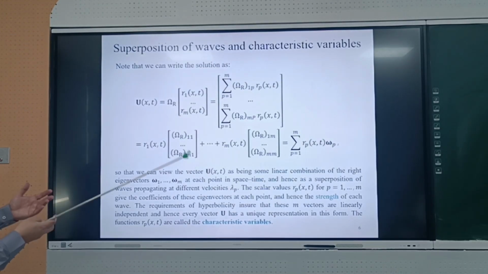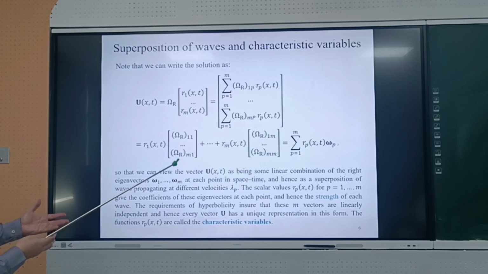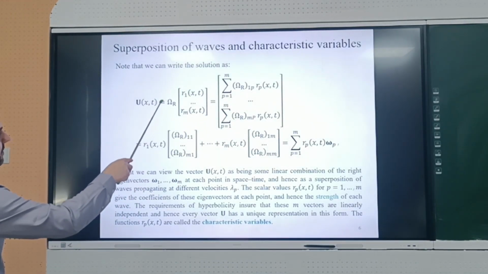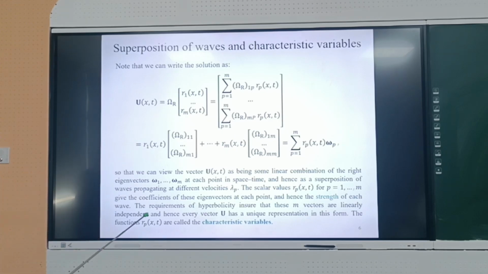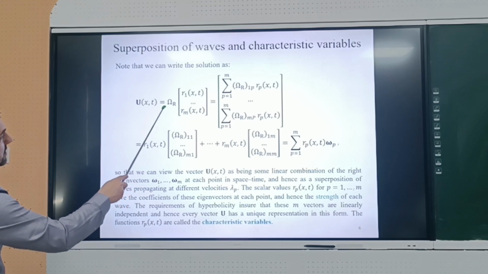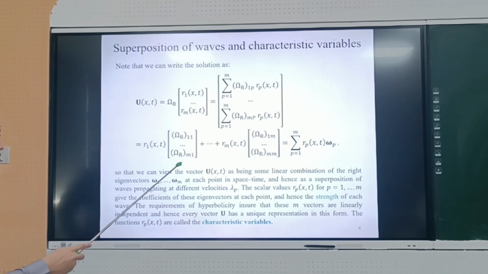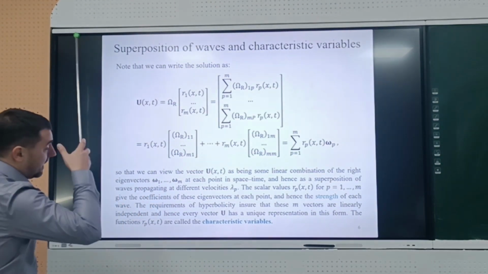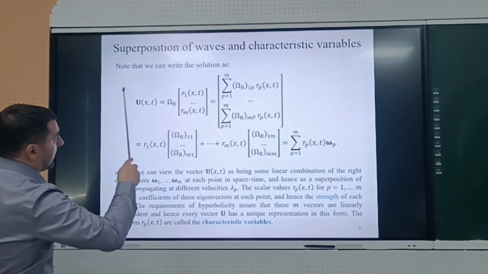Okay, let's analyze the resultant, the final exact solution. U is Ω_R times the vector of Riemann invariants. We should multiply a matrix by a vector, and the result should be a vector. Each component of this vector equals the product of a row of the matrix Ω_R with the column of Riemann invariants.